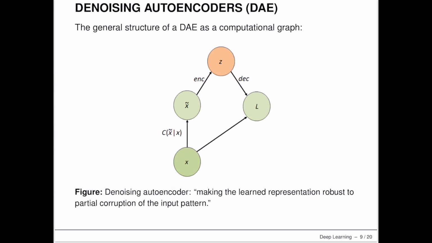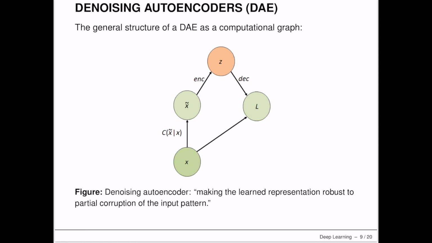This modifies our computational graph as follows. Now we still have our input x. We use the corruption process, a stochastic process, to produce our corrupted version of x, encode this via the encoder to our latent representation z, and decode this with a decoder to get our reconstruction, which is fed to the loss function.